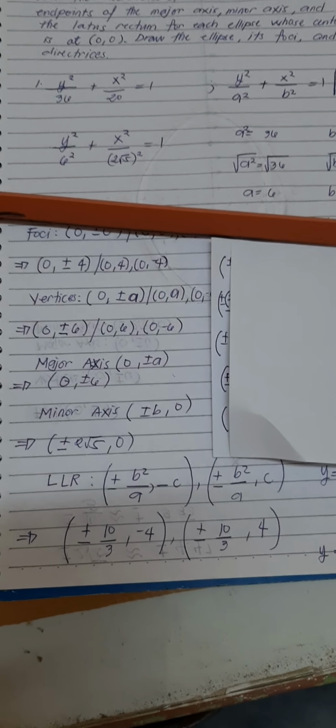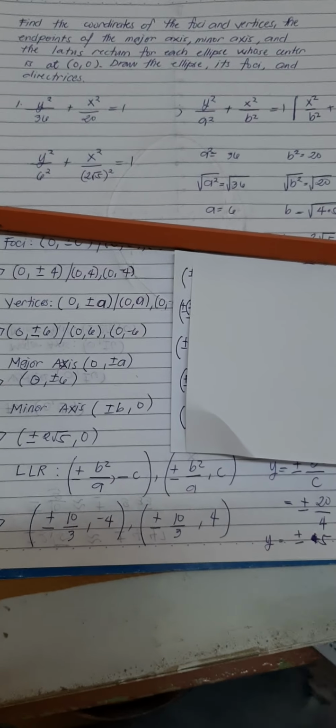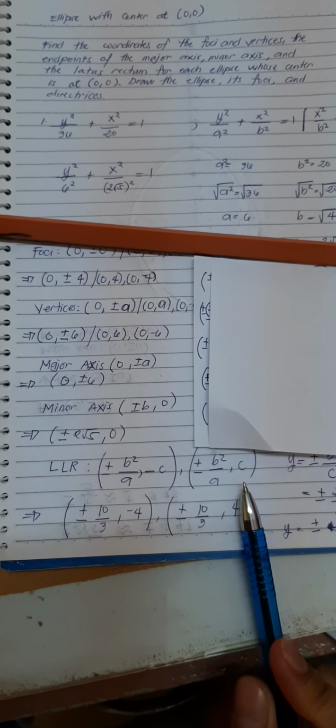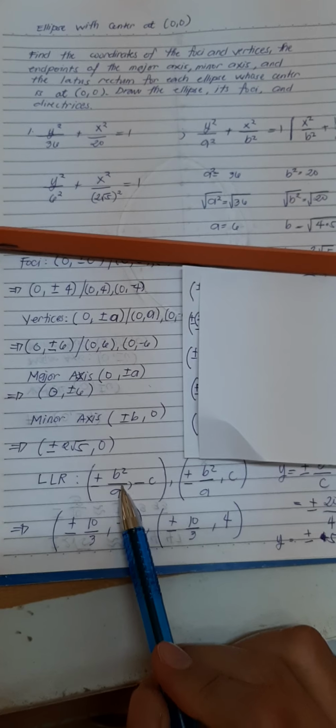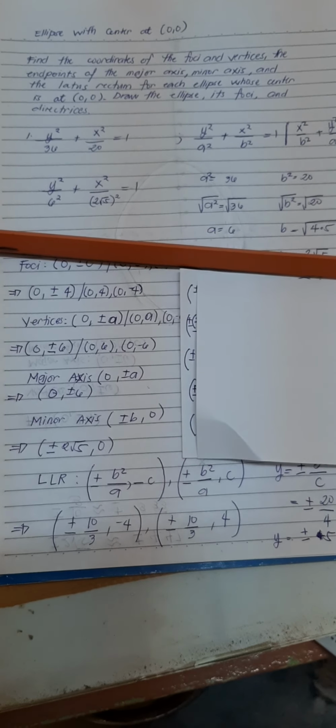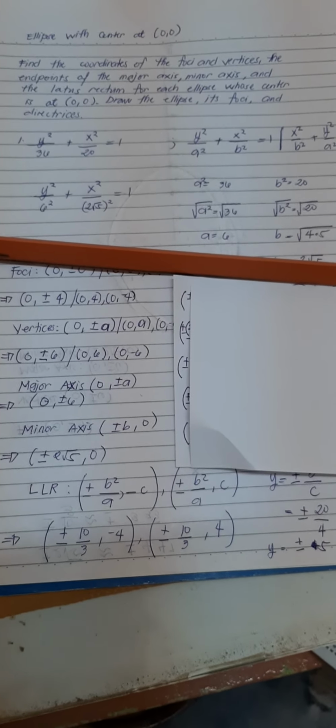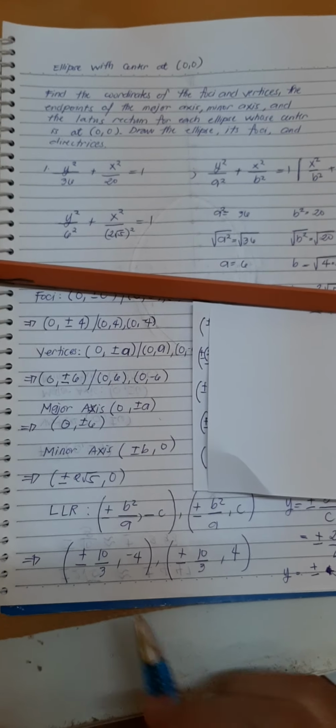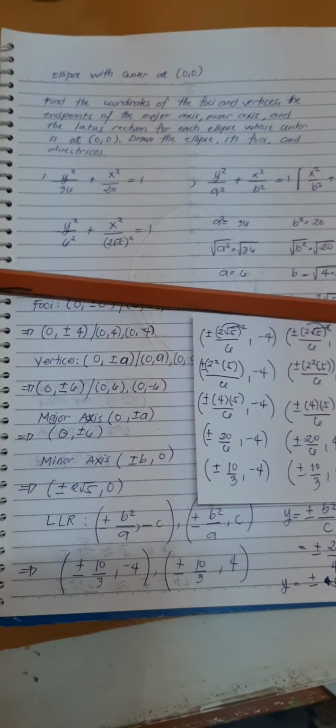Okay, so why do we arrive at these endpoints of our latus rectum when we have this format here? All we need to do is just substitute the values that we have found a while ago into the format of the endpoints of the latus rectum. So I will show you the process.